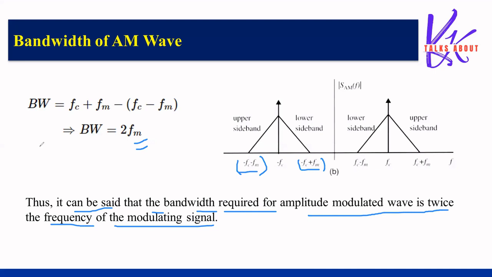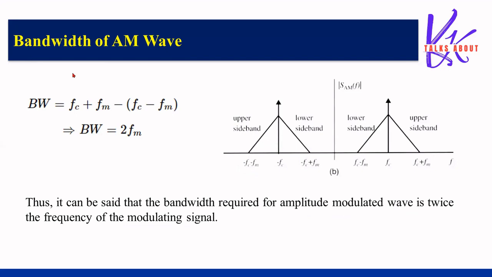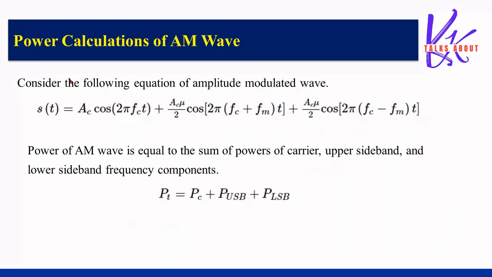Now, let us go further and see what is the power consumed by the amplitude modulated wave. So, now let us consider the previous equation which we have taken as a standard equation, which contains the carrier, upper sideband and your lower sideband.